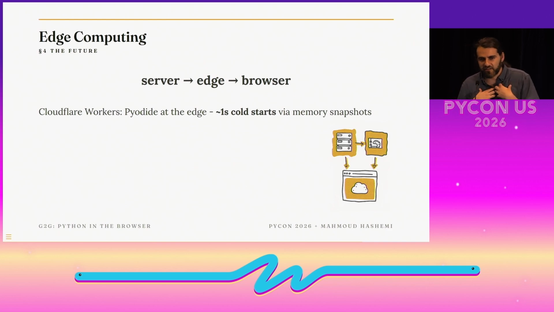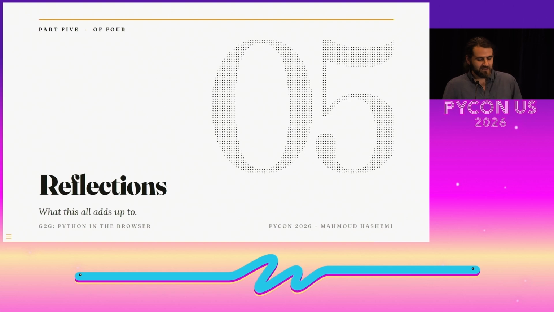So for my case with FinFam, I had something working on the server, but I wanted it to be more responsive for the user, so I just shipped business logic down to the browser. I could have done edge computing instead, where with Cloudflare Workers you have 1 second cold starts, and you don't have to push it all the way down to the browser, but do something in between. That's where edge computing is sort of useful.